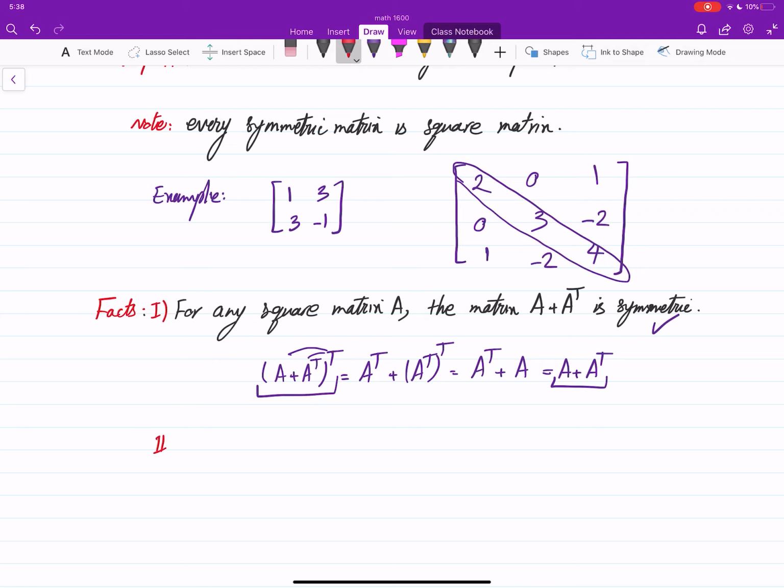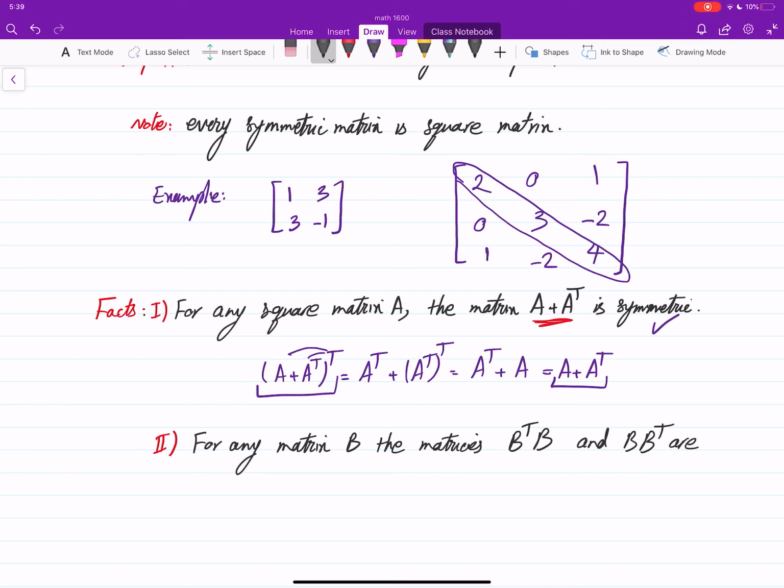What happens if the matrix is not square? You see that if a matrix is not a square matrix, you cannot add A to A transpose. But still, you can find a way to make a symmetric matrix from any matrix B. The matrices B transpose B and B B transpose are symmetric.